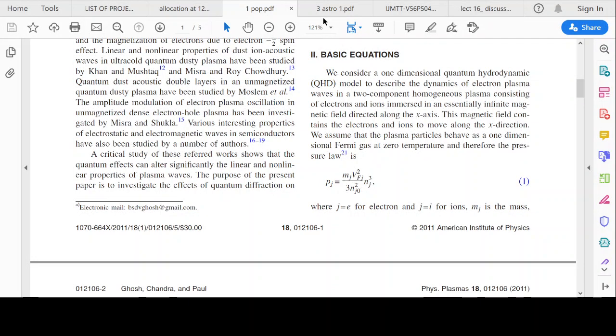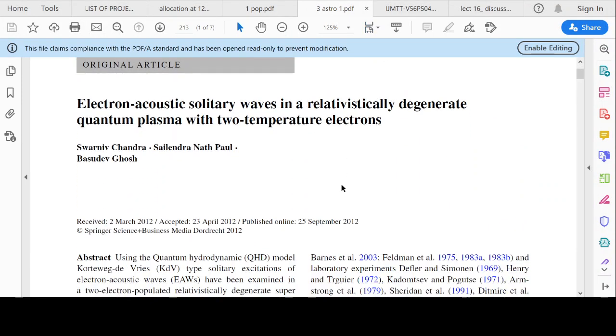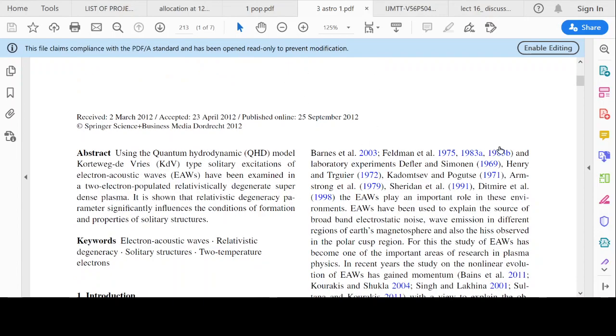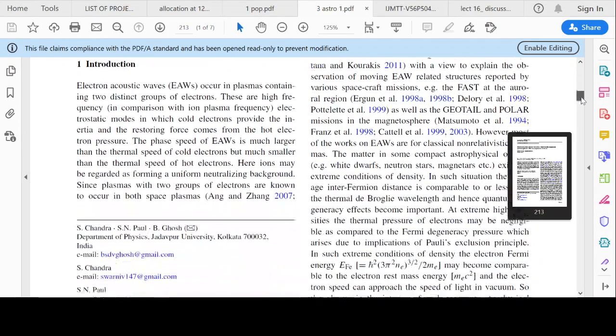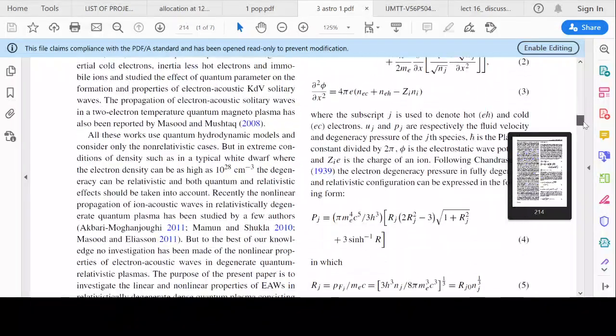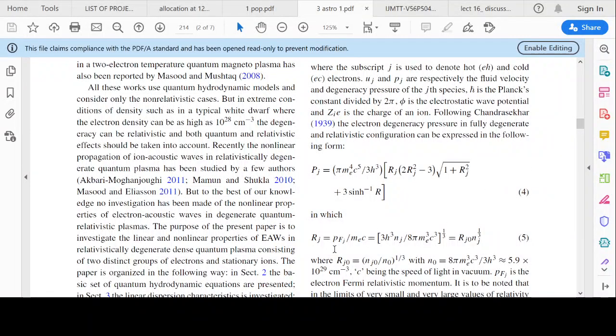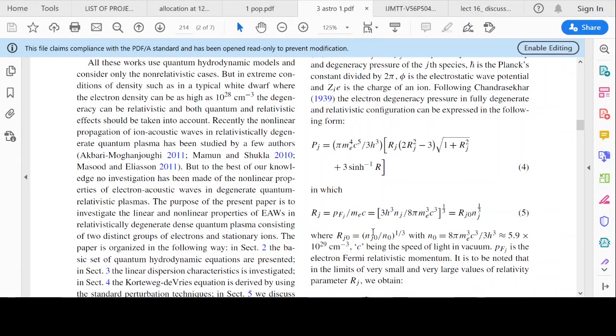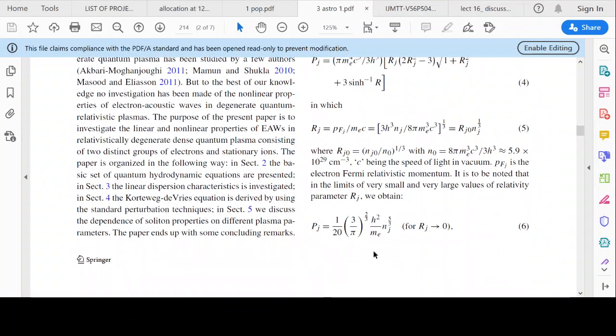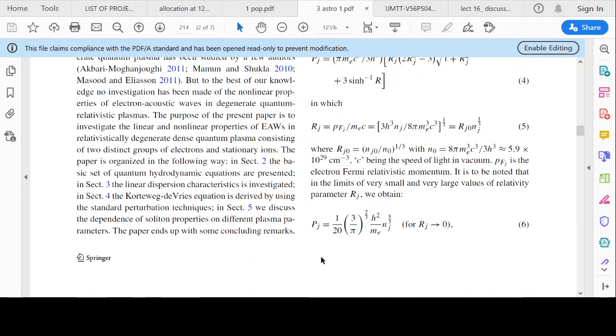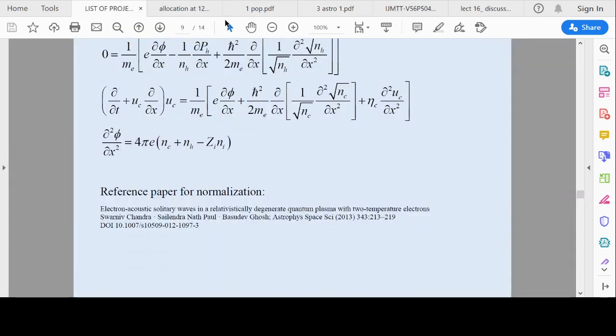If you take relativistic pressure, you will get the degeneracy factor like this, relativistic degeneracy pressure like this. Now you see we have simplified it, where ultra relativistic and weakly relativistic are the two cases you will find in your project papers.